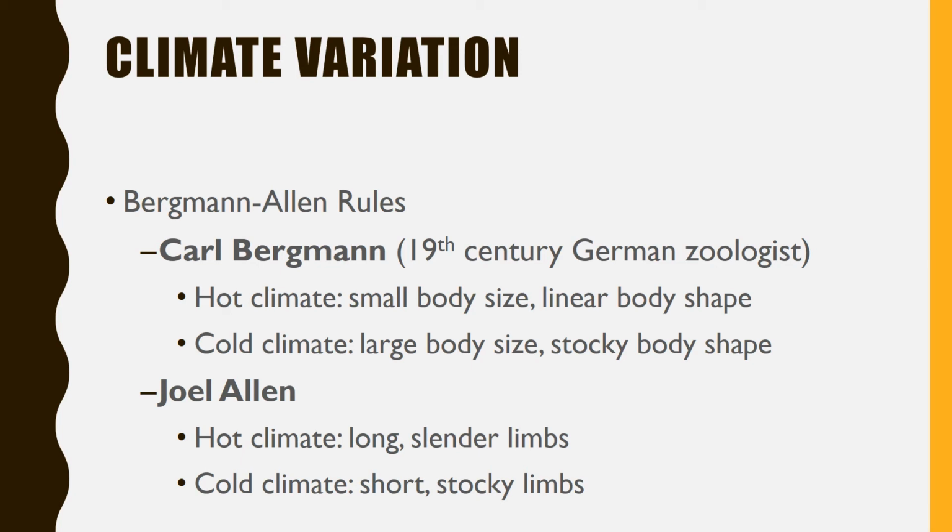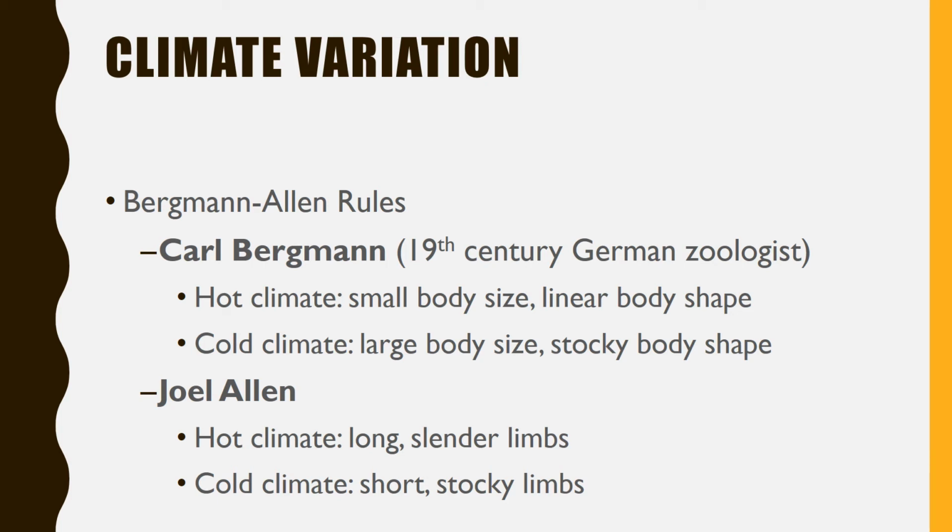Another zoologist added to Bergmann's observations by applying it to the size of an organism's limbs. Allen proposed that organisms that had short and stocky limbs relative to their body size would occupy cold climates, while individuals that had long and linear limbs would occupy hotter climates.